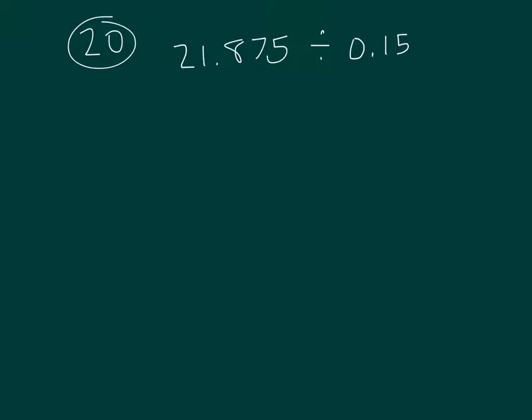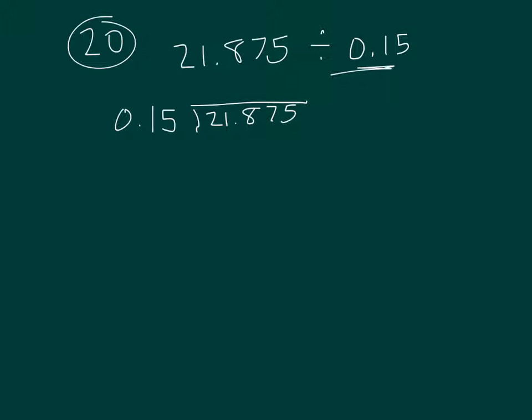Okay, number 20 is always going to be dividing by a decimal. To do the work for this, you would start off by putting the 0.15, the second number, in the front. The first number goes underneath the division bar there. Now, you can't technically divide by a decimal.